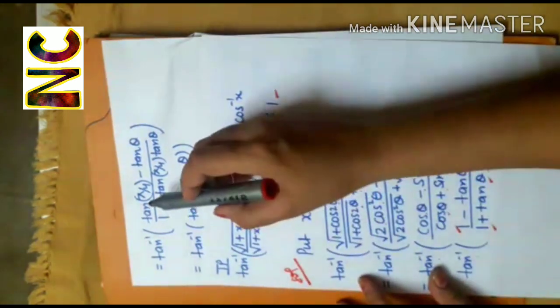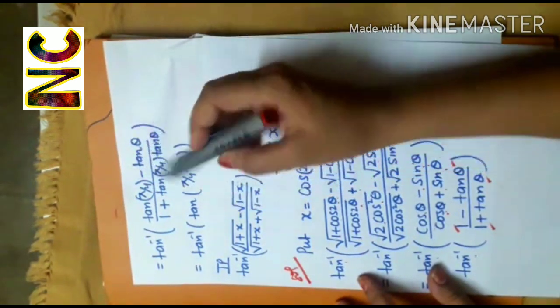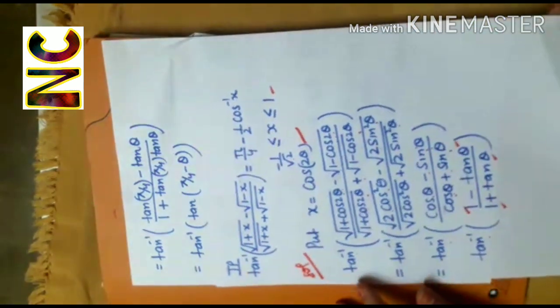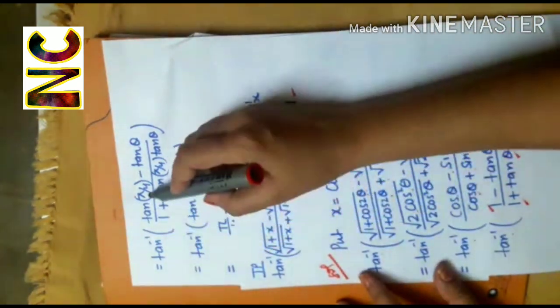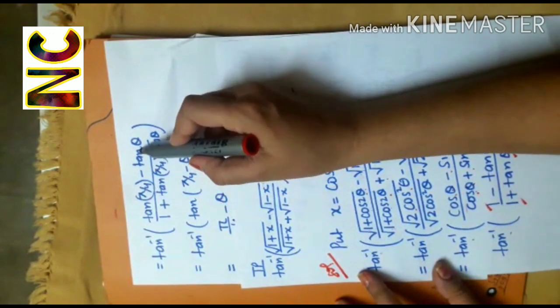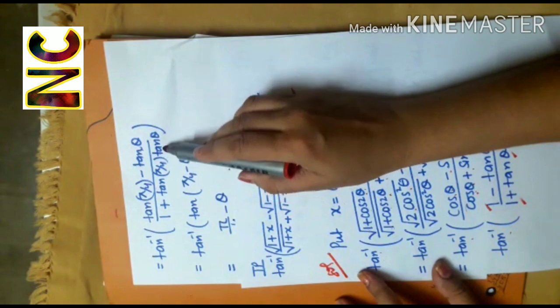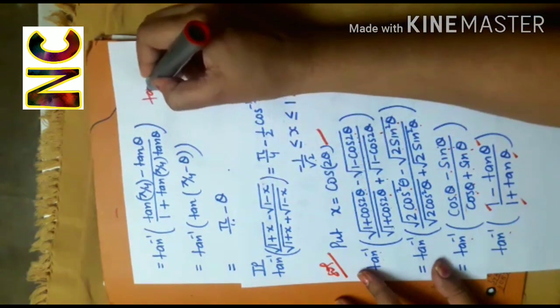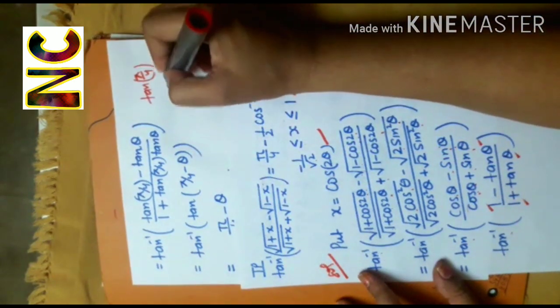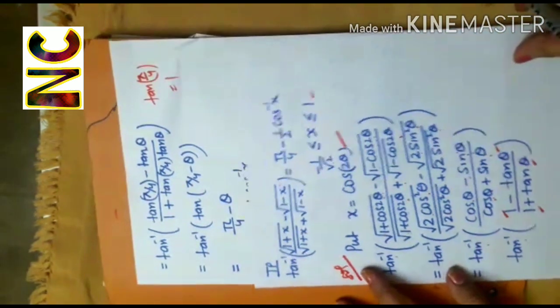This 1 can be written as tan pi by 4. So I'll get tan inverse (tan pi by 4 minus tan theta) over (1 plus tan pi by 4 into tan theta), because we know that tan pi by 4 is equal to 1.